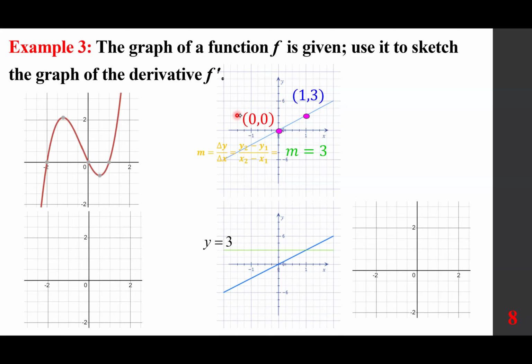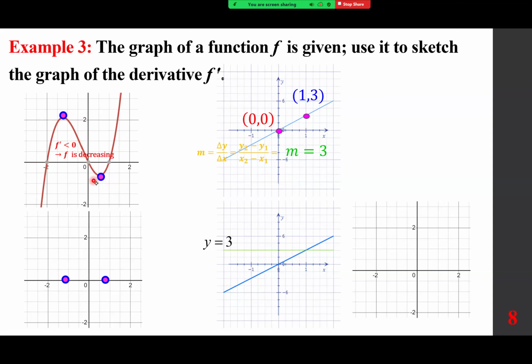What about this case? Let's look at easy points, peaks and valleys. This is the peak, this is the valley. And those two correspond to those two. So you have peak, the slope is 0, valley, the same thing. Now this portion is decreasing.